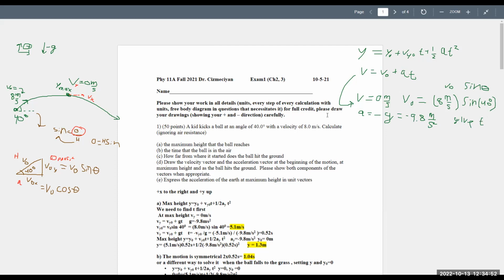I'm going to go ahead and type the next part. So then that means that 0 meters per second is equal to 8 meters per second sine 40 degrees plus negative 9.8 meters per second squared times t. Yeah, we'll solve it out with numbers.